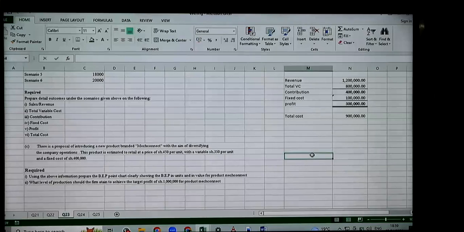So we shall create a small income statement: our revenue, then our variable cost, then our contribution, then our fixed cost, then our operating profit.